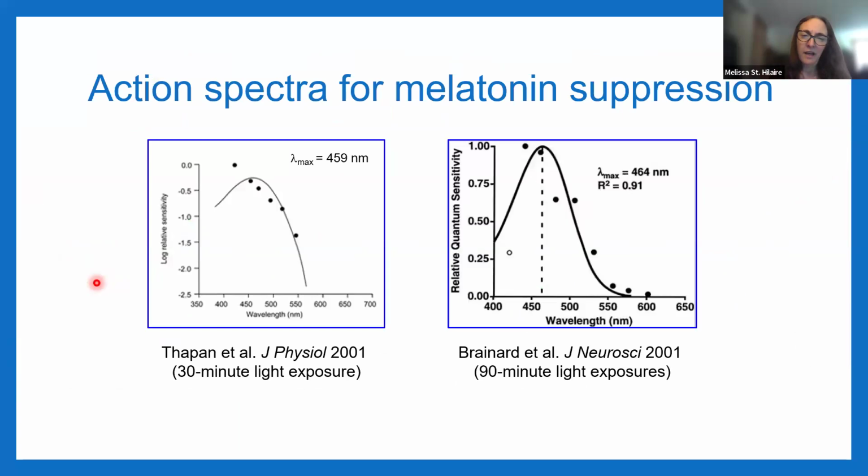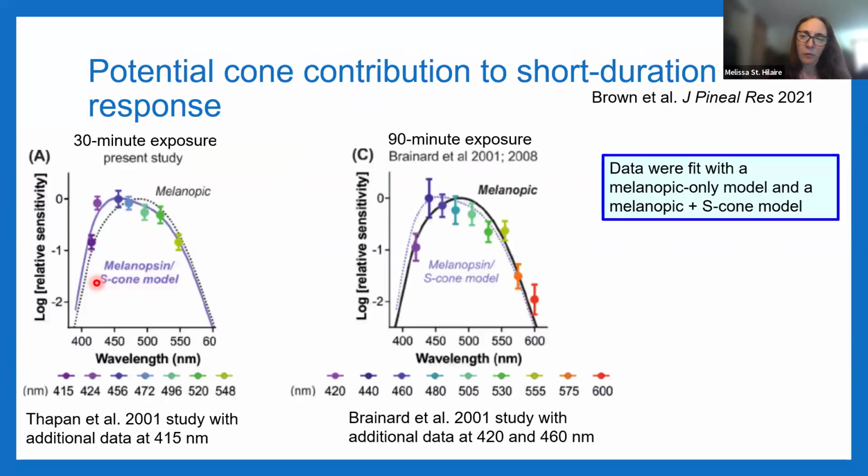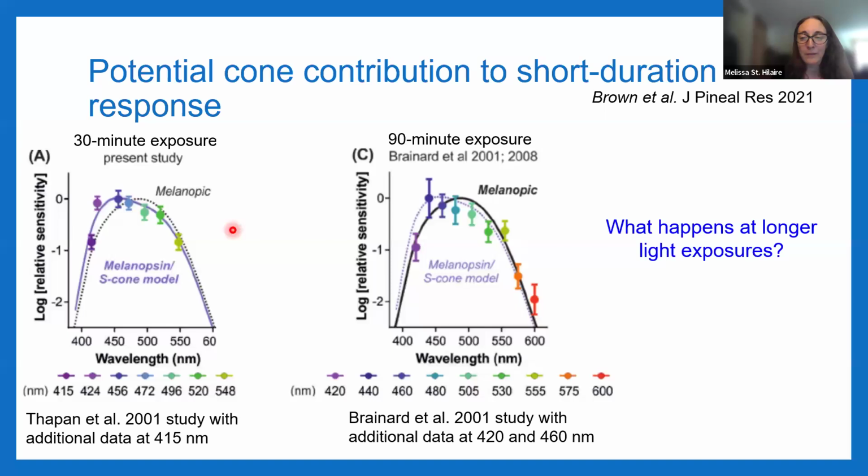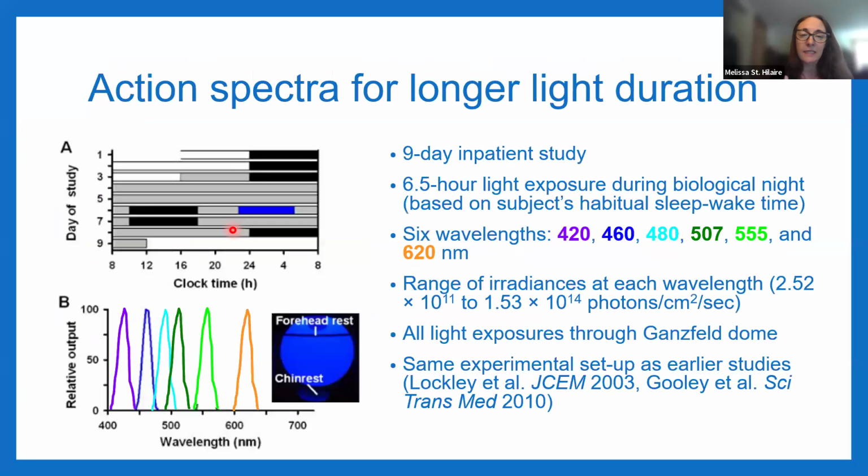And so the one drawback of these two studies is that, yes, we now have some idea of what's happening at the shorter durations, but we don't know what happens at longer light exposures. And so what we wanted to do is basically extend the original study that we did, which focused again on just 460 and 555.